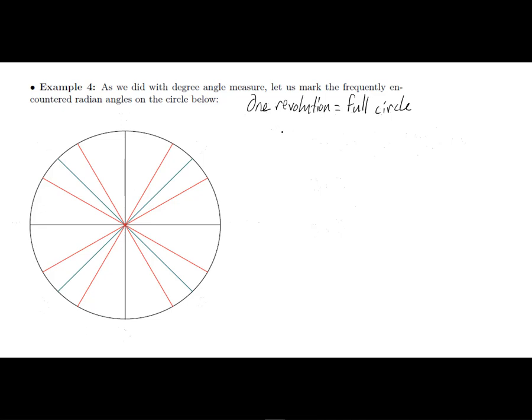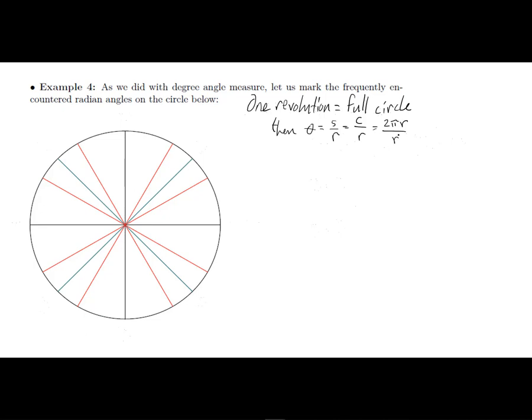And so if I go one revolution and I use my formula, arc length divided by radius, notice that the arc length is the full circumference, right? If you go one revolution around the circle. But circumference, we reminded ourselves in an earlier slide, is just 2 pi times the radius.